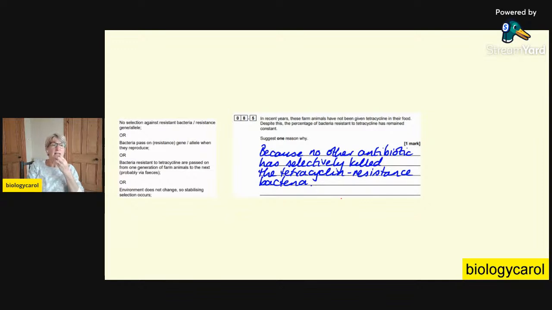Here's the mark scheme. And I can't remember whether I gave myself the mark, I did give myself the mark because I put in the word selectively. So I was going for this one here, no selection against resistant bacteria.